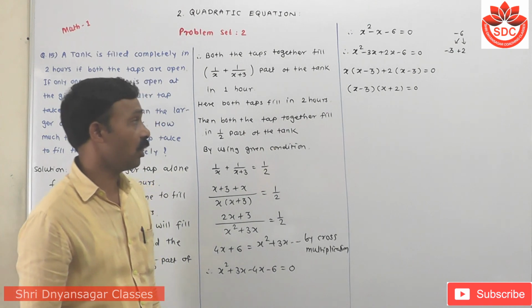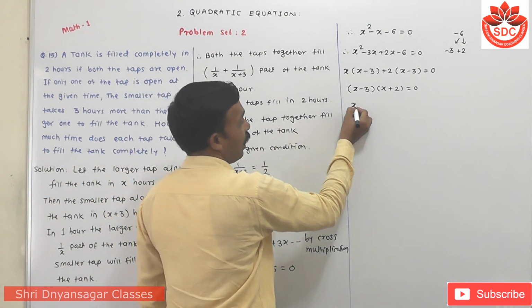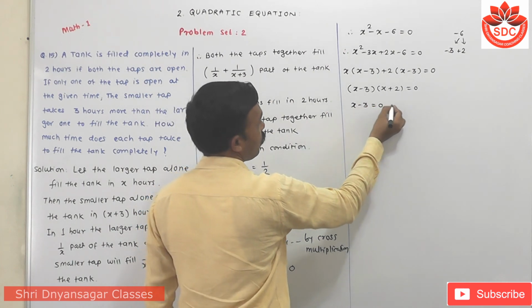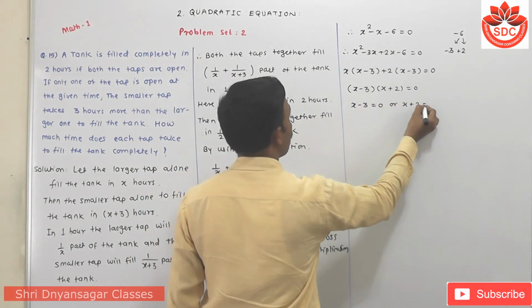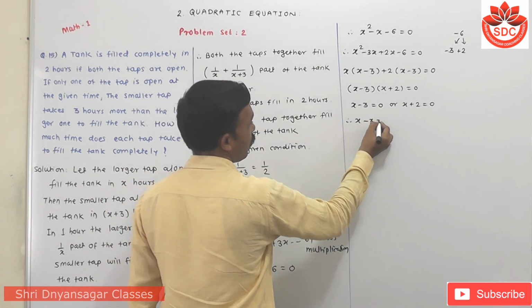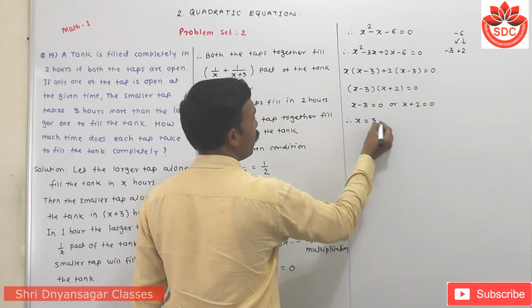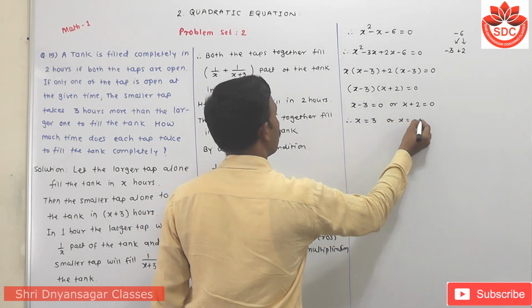We know that if the product of two terms is 0, then at least one of them must be 0. Means x minus 3 is equal to 0 or x plus 2 is equal to 0. Therefore x is equal to 3 or x is equal to minus 2.